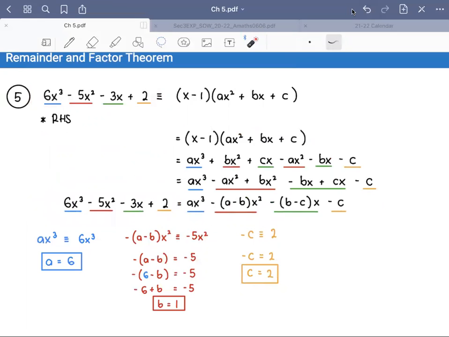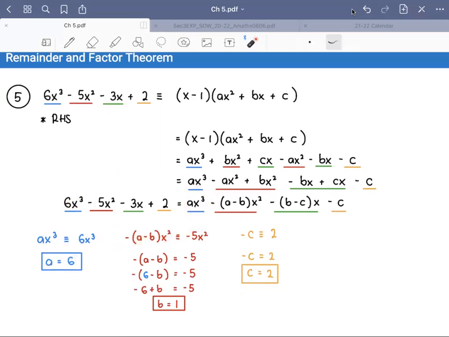If you're solving for a, since a is connected to x cubed, that means this x cubed is similar to this x cubed, right? They're similar, so their coefficients are equal. So that's how I got this, and therefore a is equal to 6. Of course, x cubed gets canceled out. So a is equal to 6.